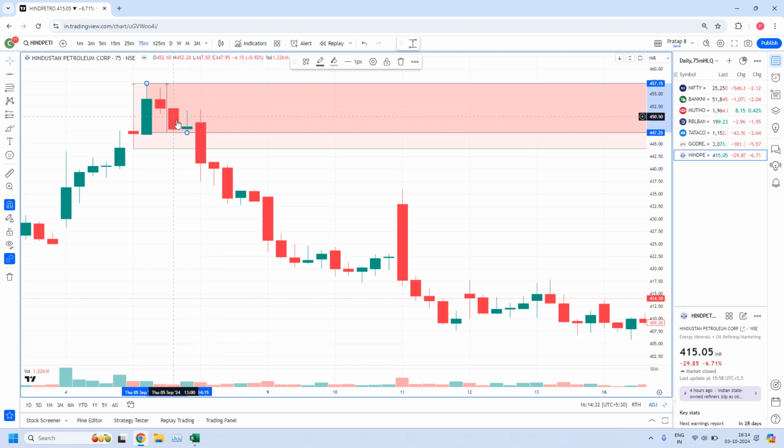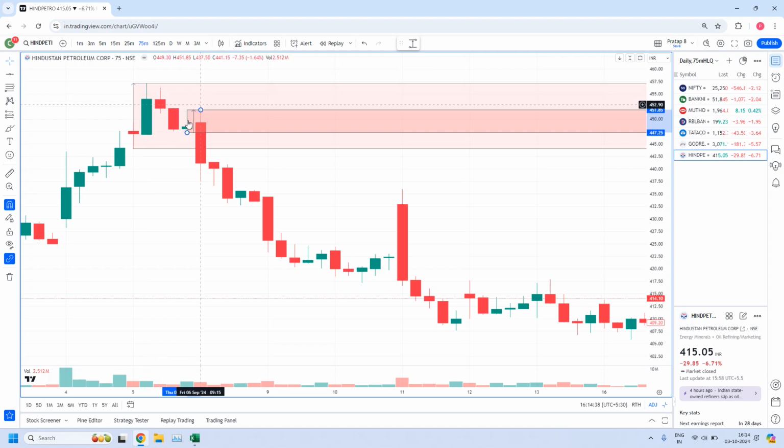But for me, I am not convinced this is a small candle. I consider this as a medium size candle. So that's why I have drawn drop base drop. Even our software is not convinced this is a small candle. Our software is convinced this is a medium size candle. That's why the software identified drop base drop.